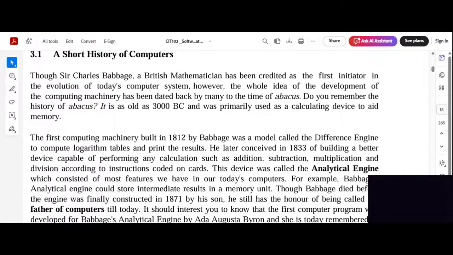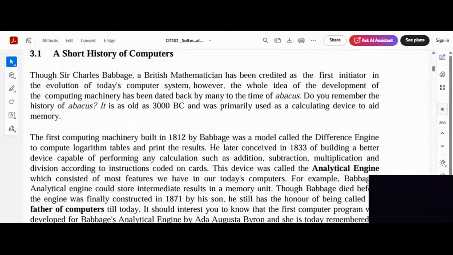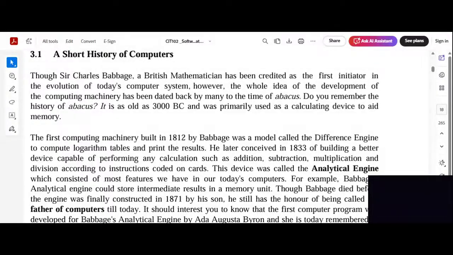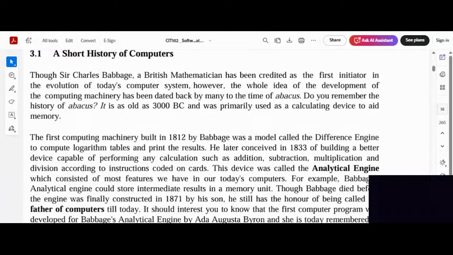Now, the first computing machinery was built in 1812 by Charles Babbage. It was a model called the difference engine, to compute logarithm tables and print the results.